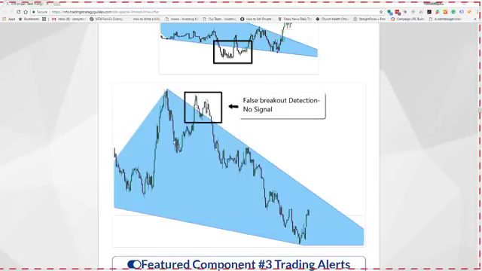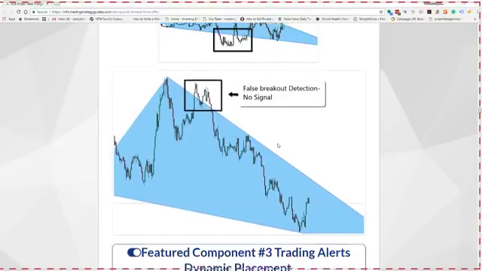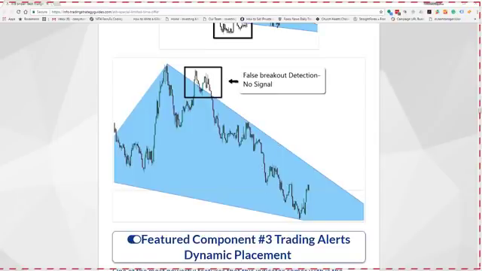So how it actually works in that regard, I don't know the details of it. I do know, though, that they worked very hard at getting it to eliminate as many false breakouts as they possibly could. But that was an excellent question.